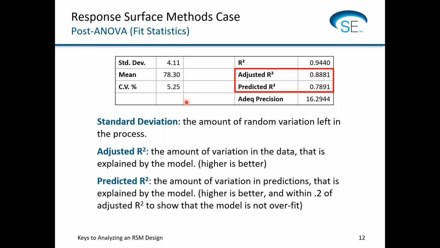This standard deviation tells you the amount of variation left in the process after we've accounted for those statistically significant effects. So in this case, the remaining standard deviation is approximately 4. We also get the overall average of all of this percent conversion data, which was 78. And then this CV is the relative standard deviation. And so it is the percentage that the standard deviation is of the mean. So in this case, the standard deviation is about 5% of the mean.